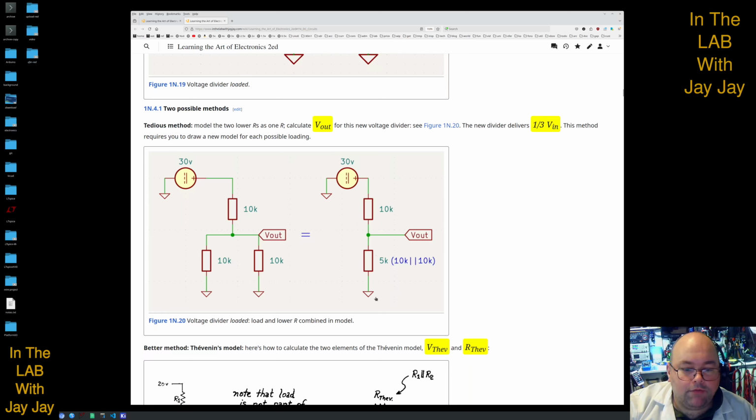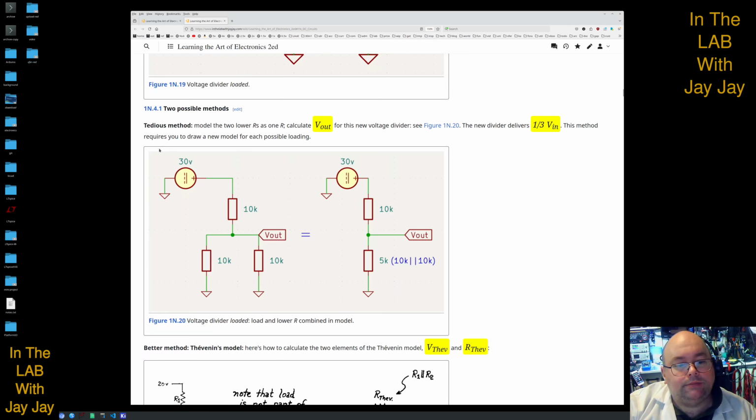And then we see that when you've got 5K here and 10K here, then the new divider, which is this, delivers 1/3 of the input voltage across here. That's 5 here, 10 here, so it's 5 out of 15 equals 1/3 of V in.